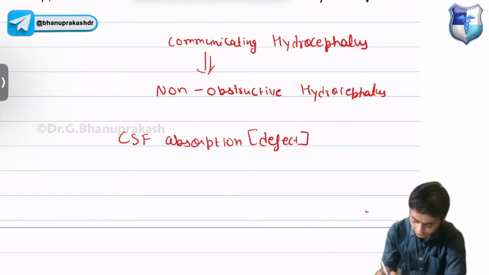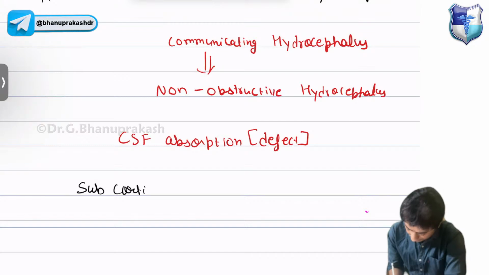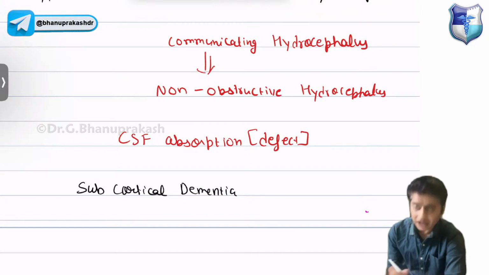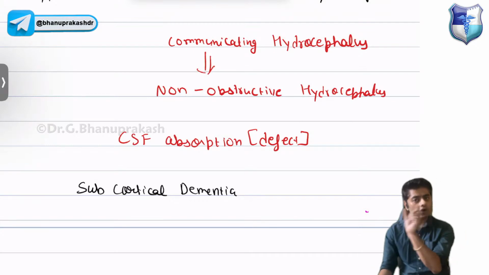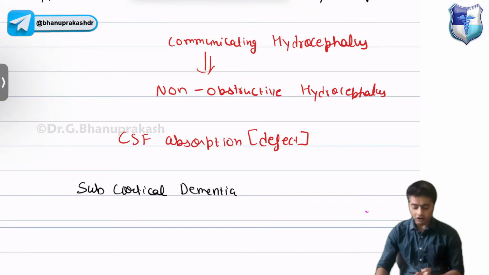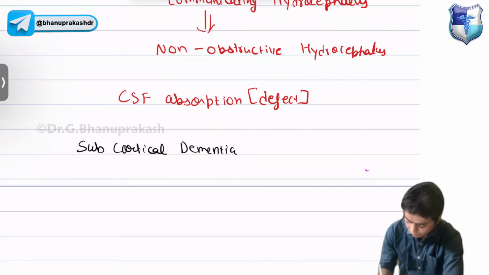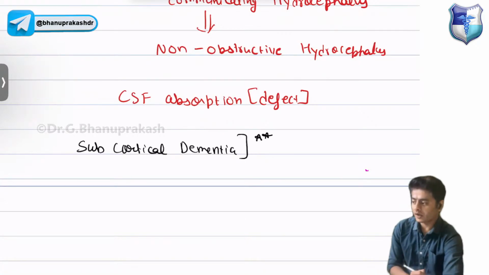It is a type of subcortical dementia. In a further slide, I will tell you the difference between cortical dementia and subcortical dementia. Till now, just remember that it is a subcortical dementia.